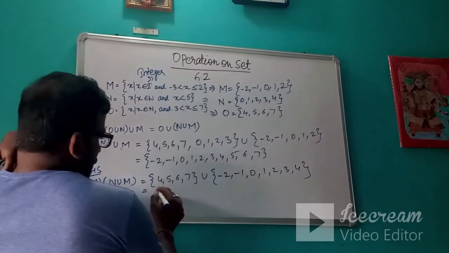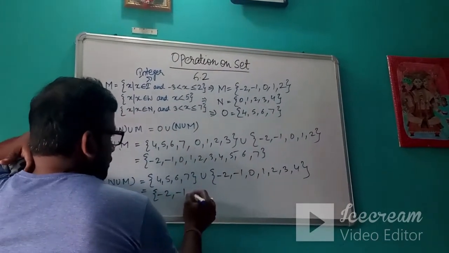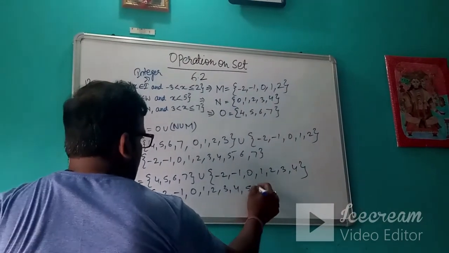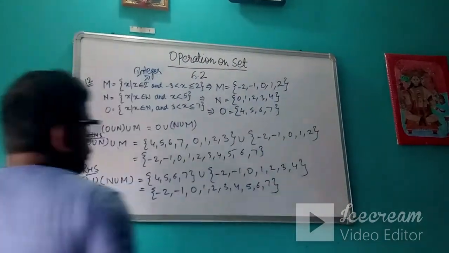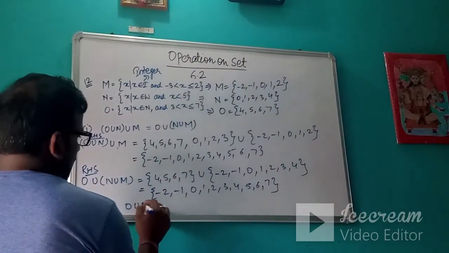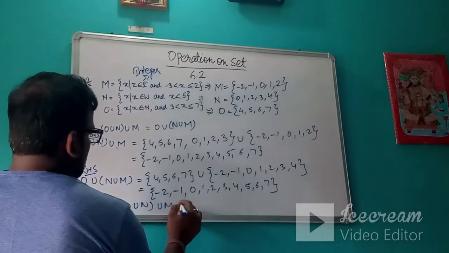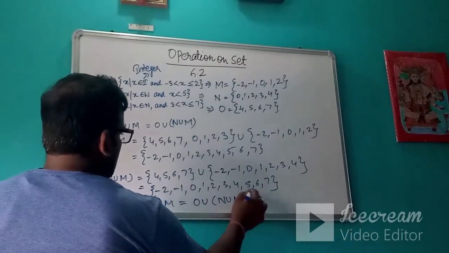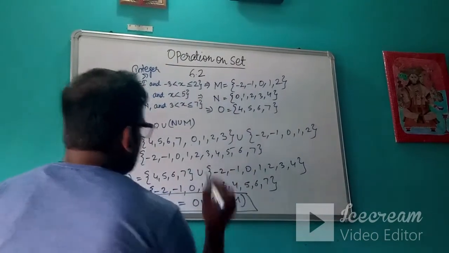So when you do the union, what you will get? I am writing all the values in increasing order: -2, -1, 0, 1, 2, 3, 4, 5, 6, 7. So you can see clearly in this that LHS is equal to RHS. Hence proved.